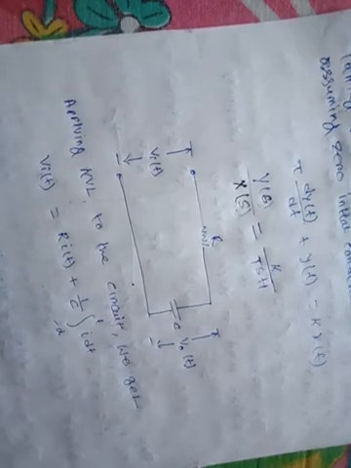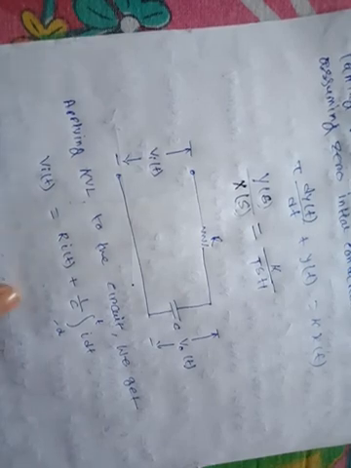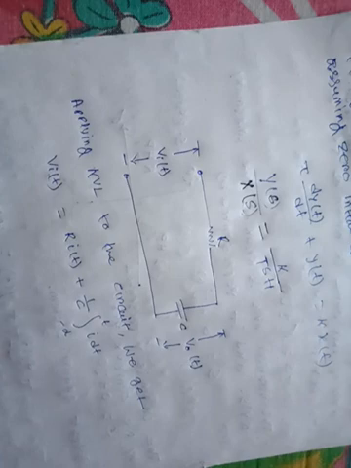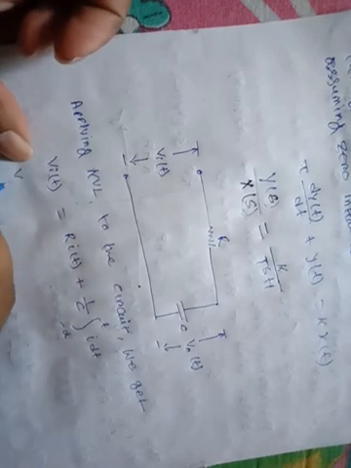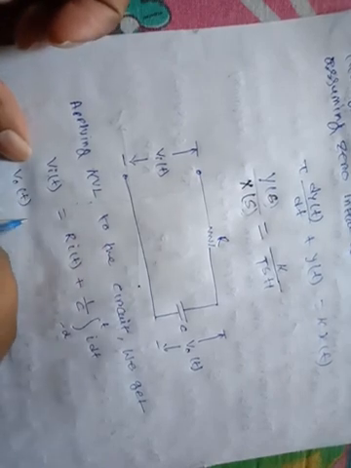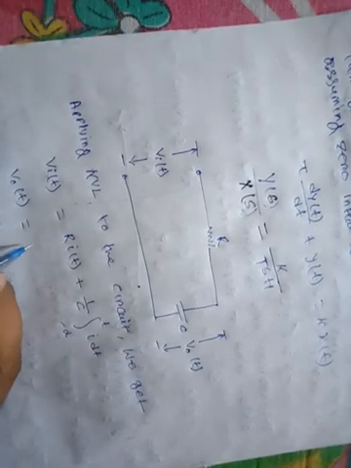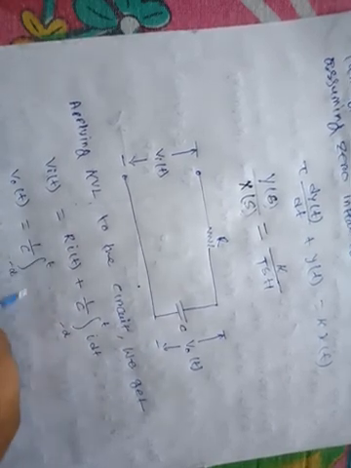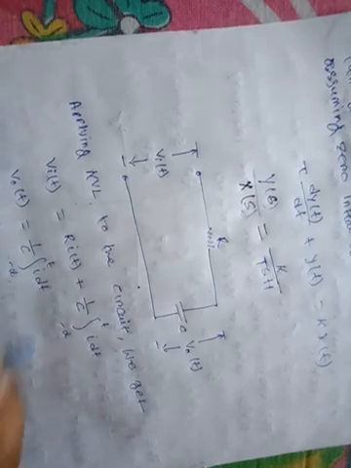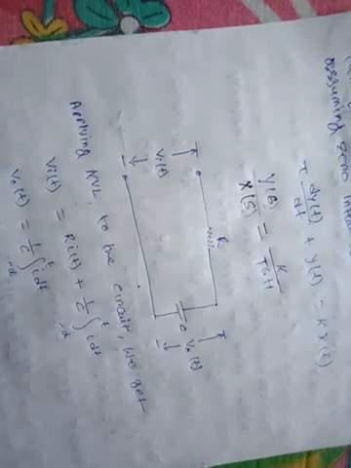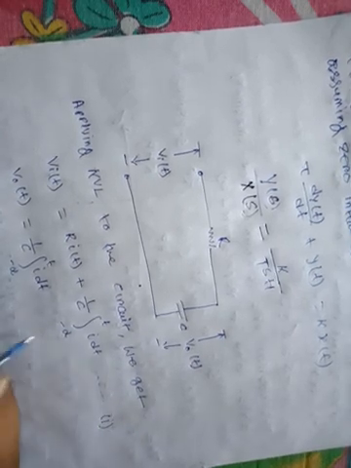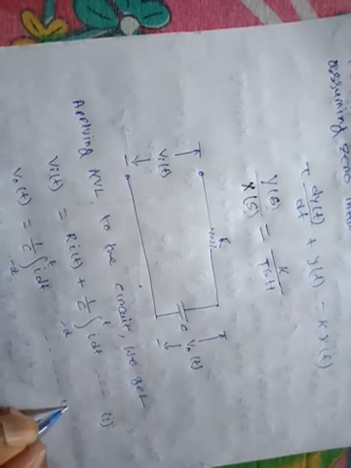It is the equation of our circuit. The output voltage, meaning the capacitive voltage V0(t), is equal to 1 by C integration from minus infinity to t of i dt. This is equation 1 and this is equation 2.